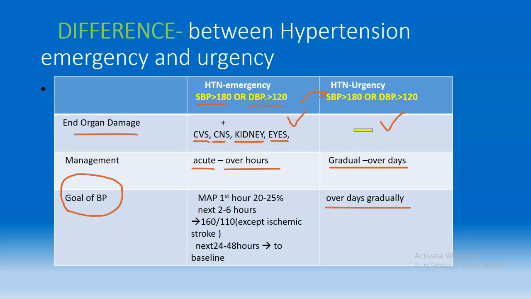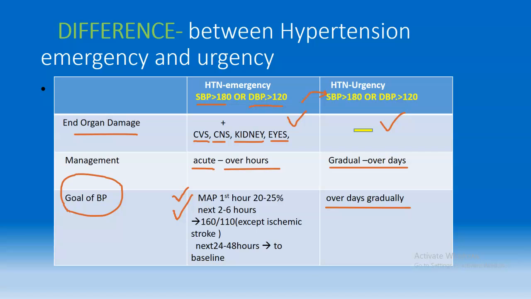But in emergency, your goal would first be to decrease the mean arterial pressure, MAP, by 20 to 25% in the first hour. Then in the next 2 to 6 hours, you need to decrease it to 160/110, except in ischemic stroke, because we need the blood pressure to supply the blocked artery in the brain.